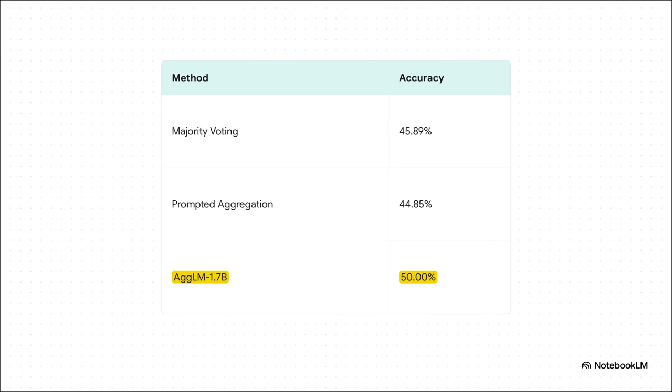So here we are looking at the AIME 25 dataset, and they're aggregating answers from a 1.7 billion parameter model. Majority voting gets you to about 46% accuracy. And what's really interesting is that if you just prompt the base model to aggregate without special training, performance actually gets a little worse. But then you look at the RL-trained AggLM, and bam, 50% accuracy.